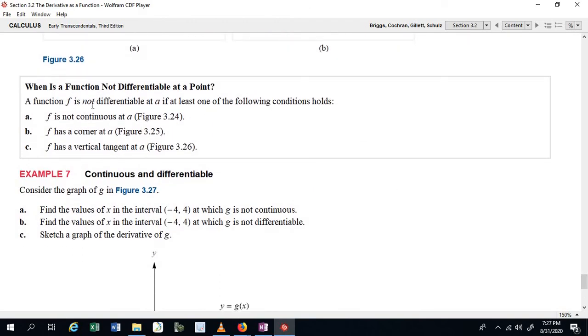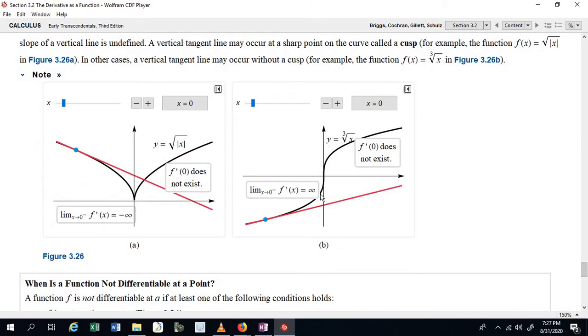Okay, so f is not differentiable at A because of one of these three reasons, right? F is not continuous at A, f has a corner at A, or maybe f has a vertical tangent line at A. And so an example of that would be one of these two. So right here at this point A, this function is not differentiable. And here I think you can say that it's not differentiable because it comes to a sharp point.